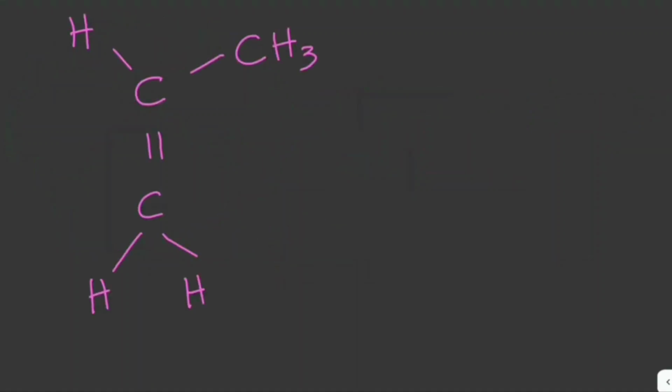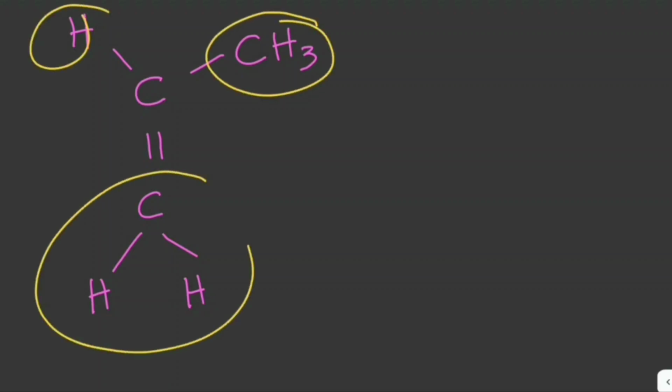How about this given structure here? What is the hybridization of carbon? So we count the number of atoms attached. So we have CH3, H, and this one, which is counted as 1, CH2. Since all of the valence electrons of carbon are distributed to each of the atoms attached, that means there are no lone pairs here.